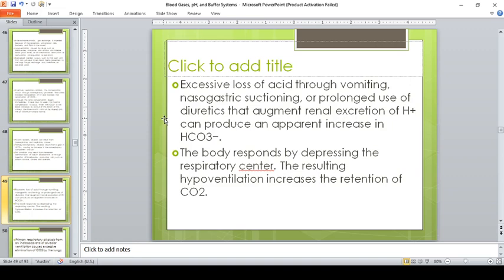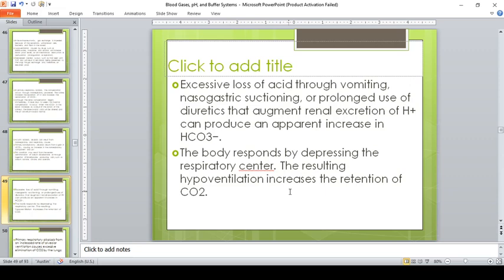So the body responds by depressing the respiratory centers. Since this is of non-respiratory origin, yung compensatory mechanism niya is done by the lungs. The resulting hypoventilation increases retention of carbon dioxide.